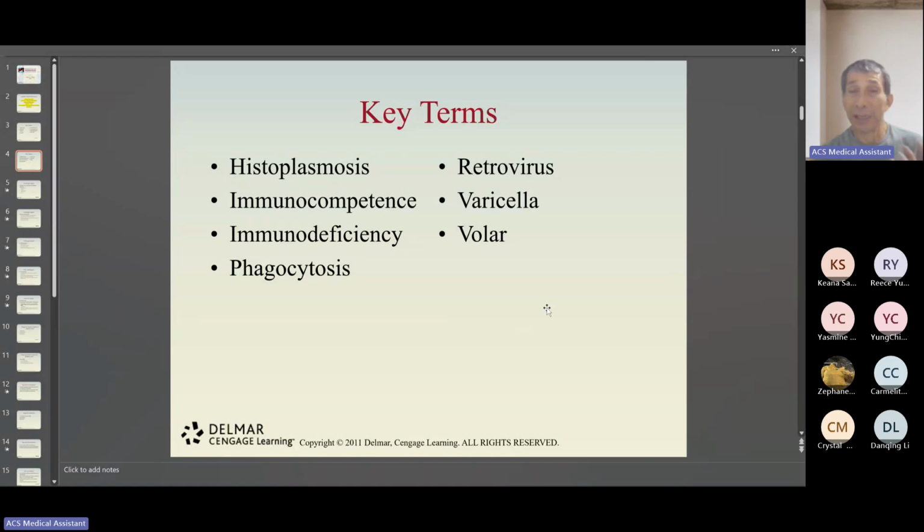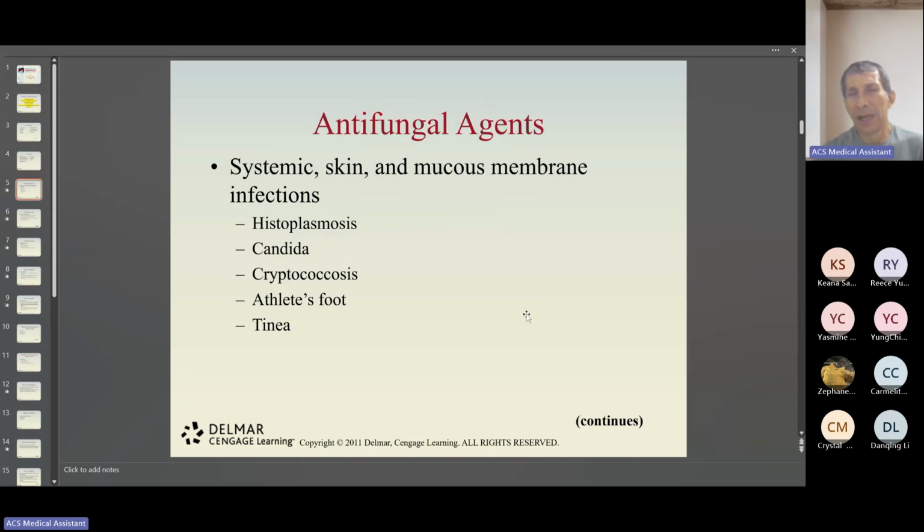So that is a retrovirus. Varicella is another condition produced by a viral infection, also known as chickenpox, which is a lot more common.